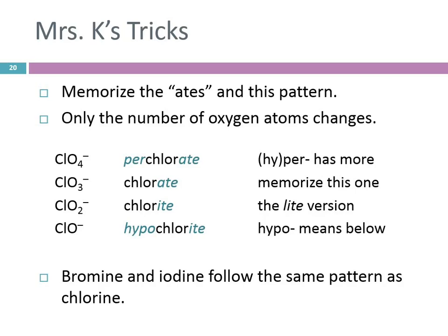So what would the formula for bromite be? BrO2, and what would the charge be? Minus. It's just like chlorite, except you put Br in there instead of Cl. How about periodate?